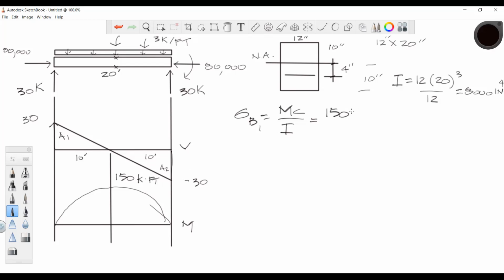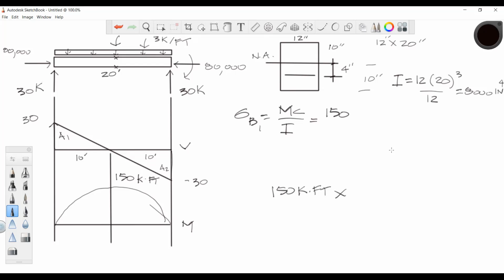Did you say divide it by 12? Or you multiply it by 12, sorry. Are you sure? Do we need to look at that? I'm confused. Okay. 150 kip feet times how many inches per foot?